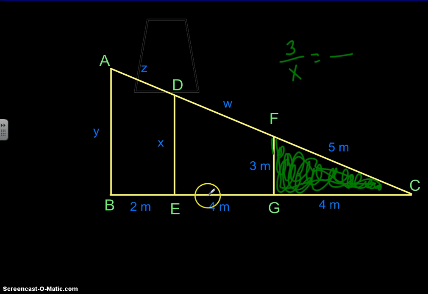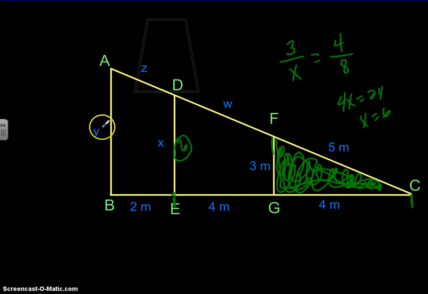I do have this length on the medium-sized triangle, which is 4, so I'm going to use this side down here. Back to the small triangle, that is 4, and that corresponds to this entire length, which is not 4, which is 8. Okay, it's this plus this. So 4x equals 24. That means x is equal to 6.